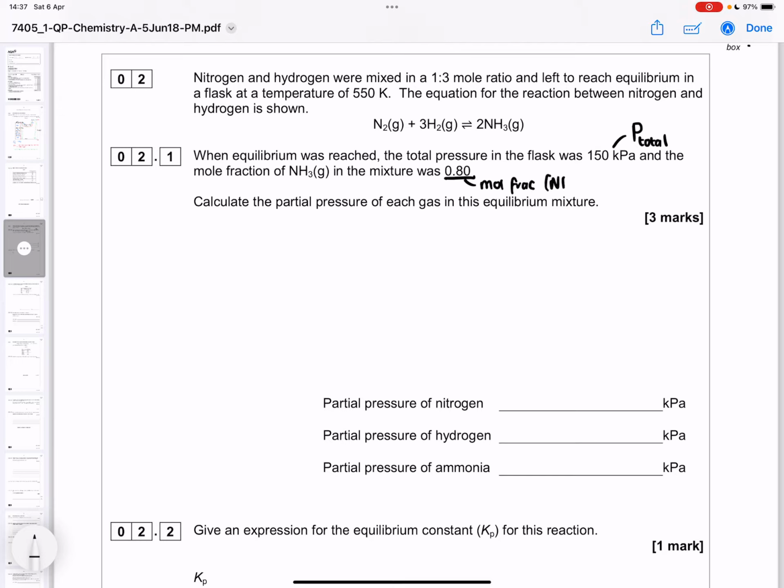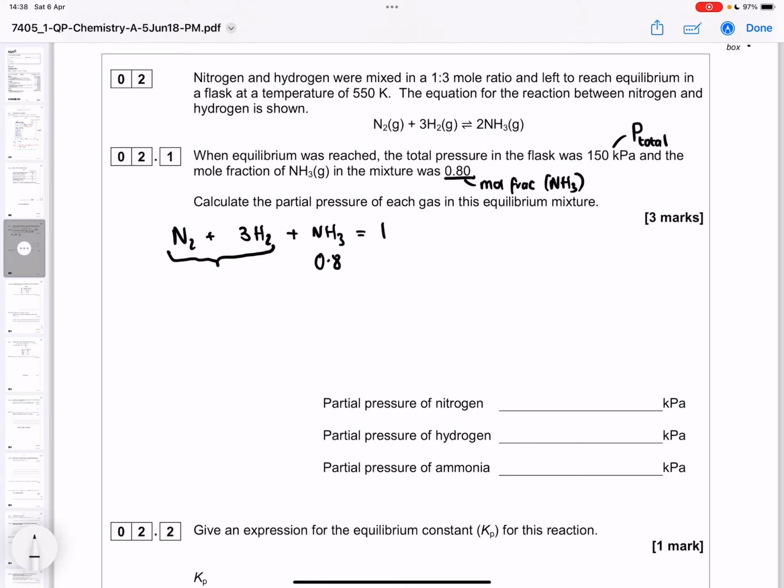Now we know that all the mole fractions have to add up to 1. So our nitrogen plus our hydrogen plus our ammonia equals 1. And we know that the ammonia is 0.8, so we know that the other two must add up to 0.2 in total.